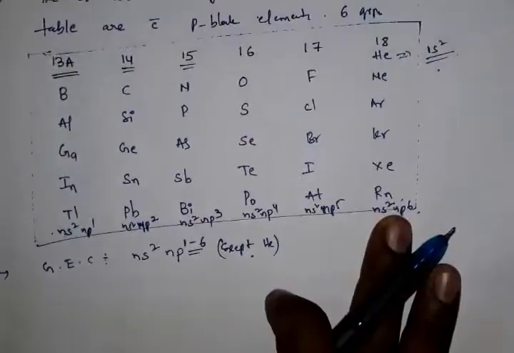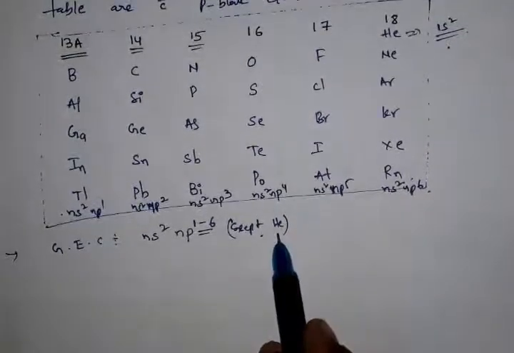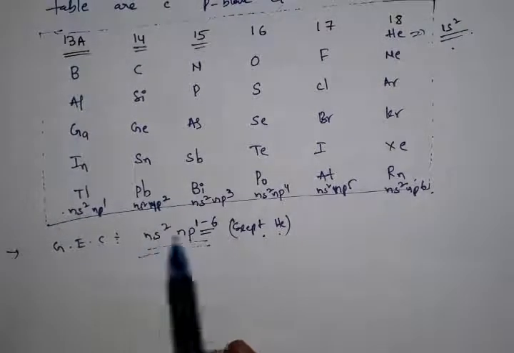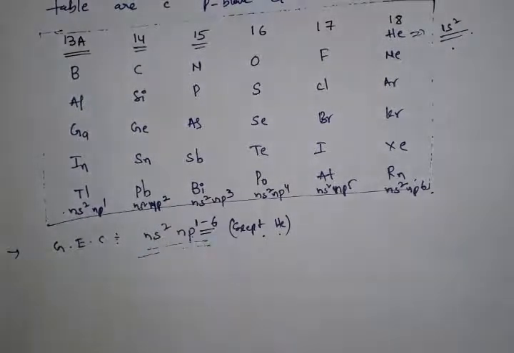So except helium, the general electron configuration of p block elements is ns2 np1 to 6.